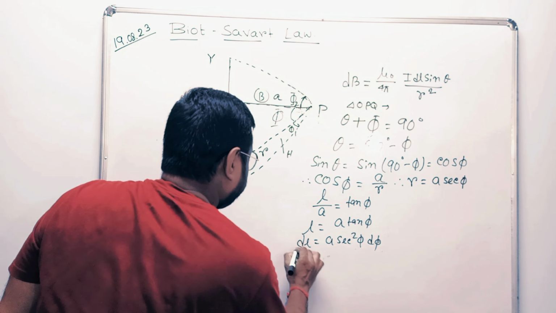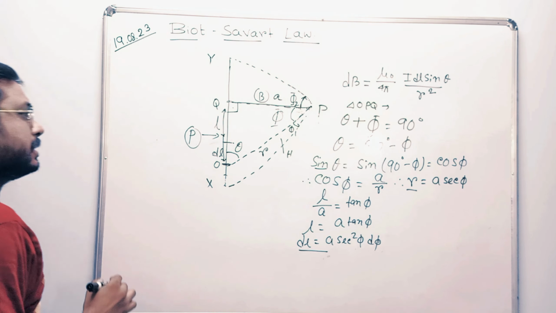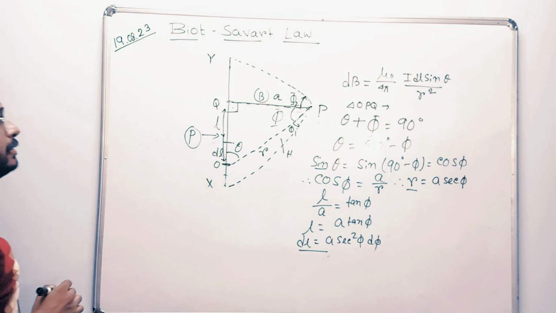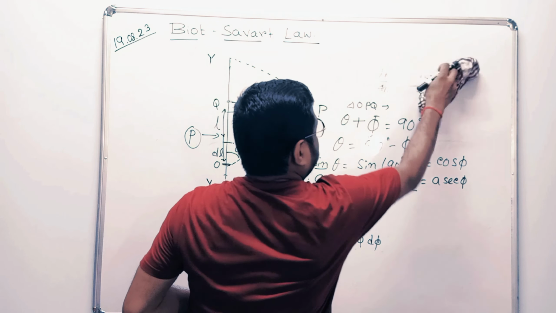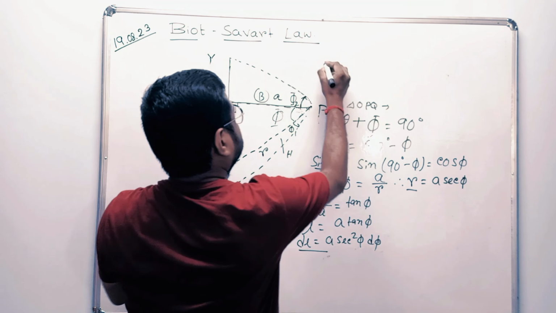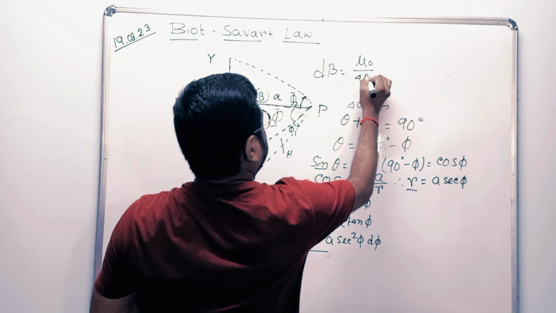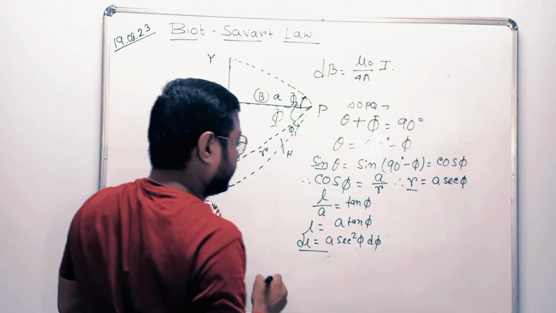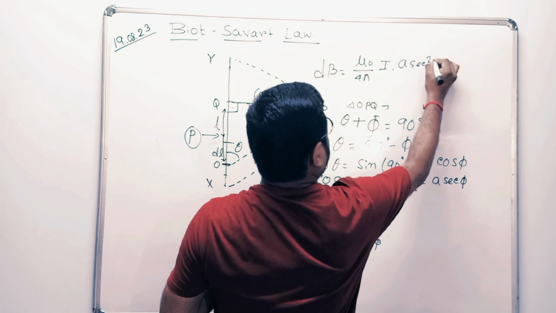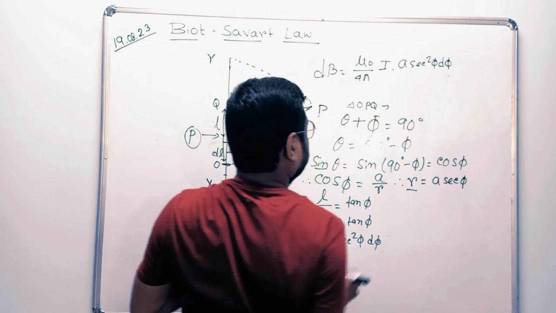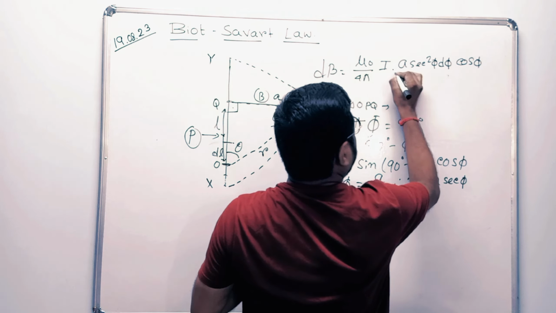Now put the value of dl, r and sine theta in the given equation of dB. What can we find? We find that dB equal to mu naught by 4 pi, I times dl, which is A sec square phi d phi, times sine theta, which means cos phi, divided by r square.